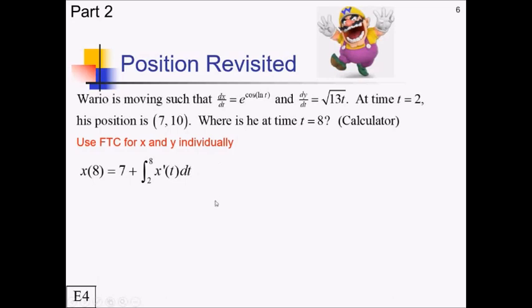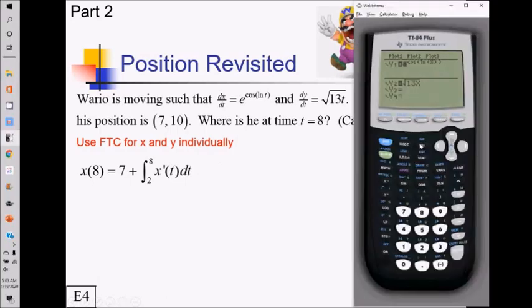So let's plug this in the calculator. Here I am on my calculator in my y equals, and one thing it's very helpful to do, whenever they give you these expressions and you know it's a calculator question, you should generally immediately enter these in your y equals because you know you're going to be using them. So in y1, I've got my dx over dt. In y2, because I know I'm going to need it, I've entered the dy over dt. Now let me quit out of there.